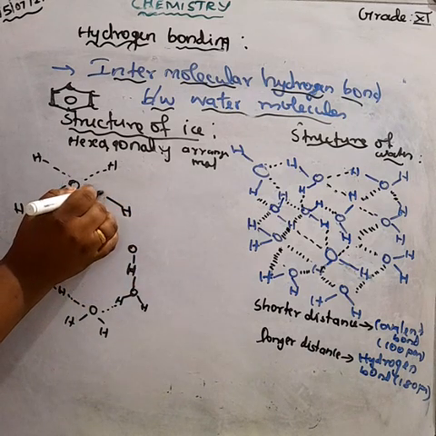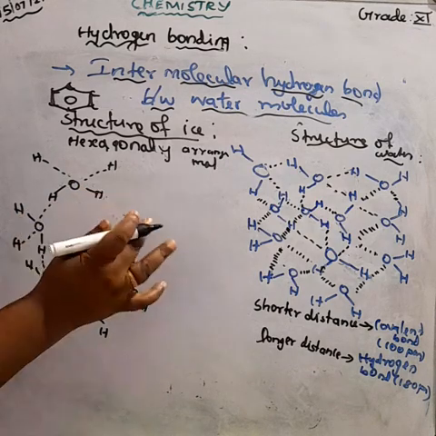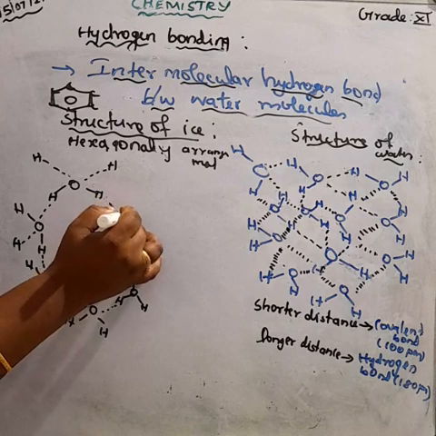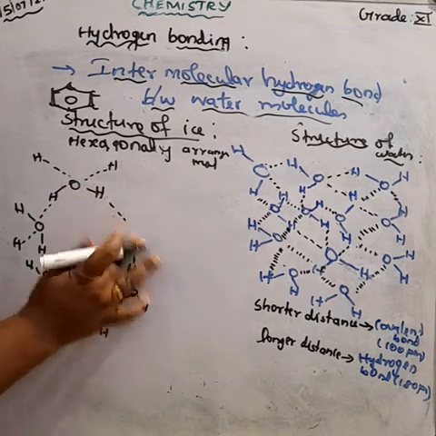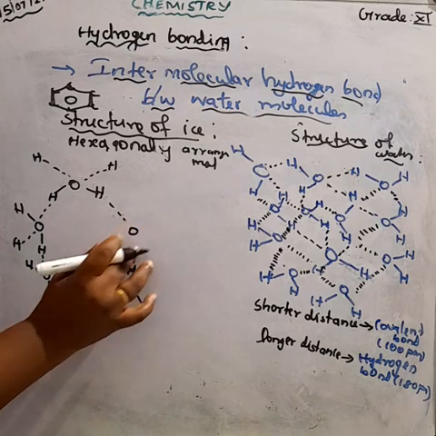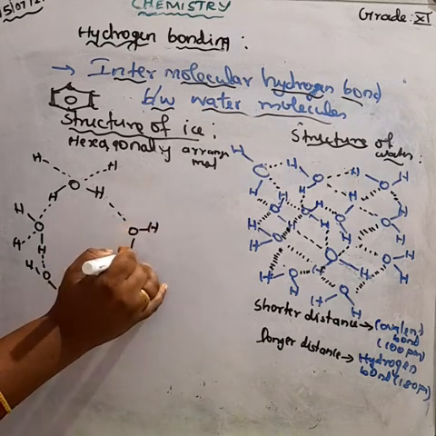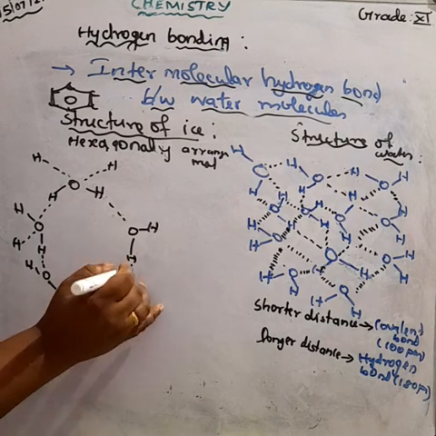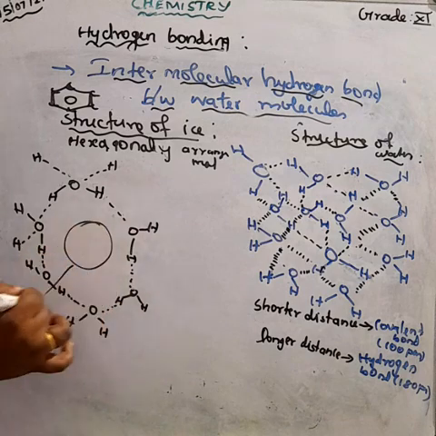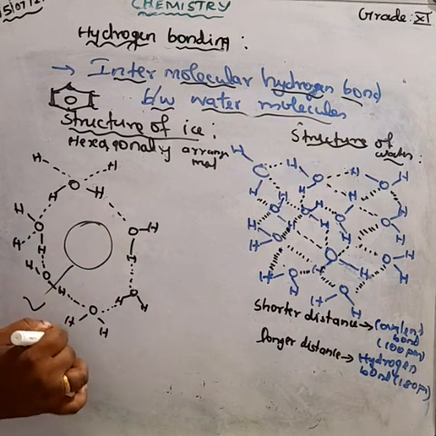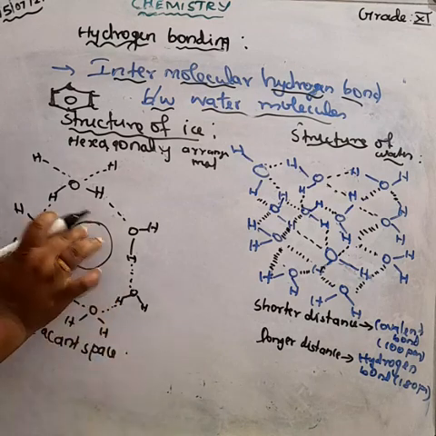This is the hexagonal arrangement of the ice. Okay, so here we know this is the vacant space. In the structure of ice, it creates a three-dimensional structure and it creates vacant space. Because of this, ice has lower density compared with water at 0 degree Celsius.